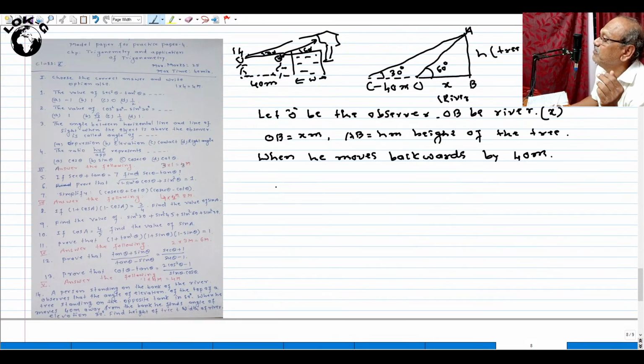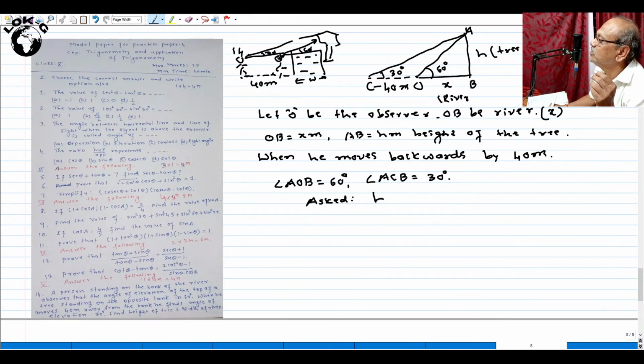The angle of elevation changes from 60 to 30. This angle AOB is equal to 60 degrees. Then angle ACB now becomes equal to 30 degrees. Very important, what you are asked to find out in this problem is H and X, the height of the tree and the width of the river.